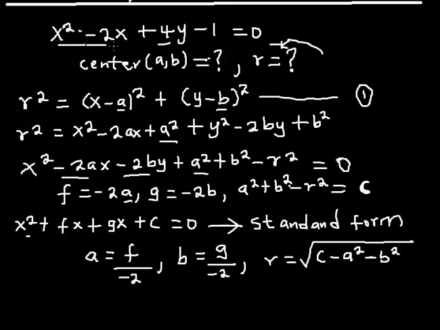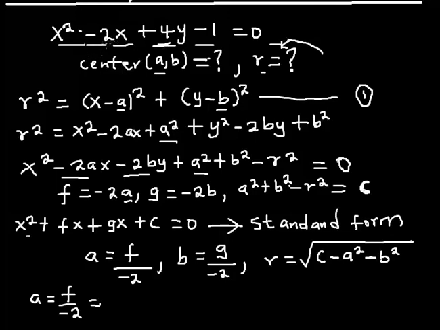Now, for me to illustrate that, I'm just going to use this equation I've already given you. Let's say you are being asked to find the center and of course the radius of this equation. Simple. A, which of course is the x coordinate of the center, is f all over minus 2. And the question, what's my f in this equation?